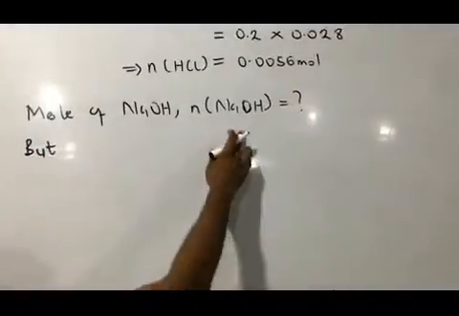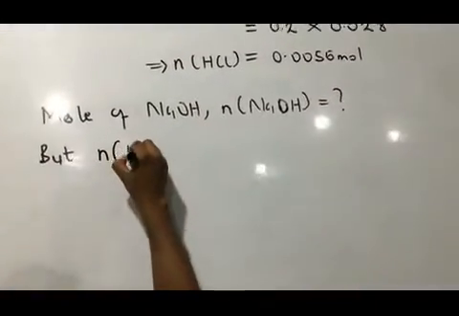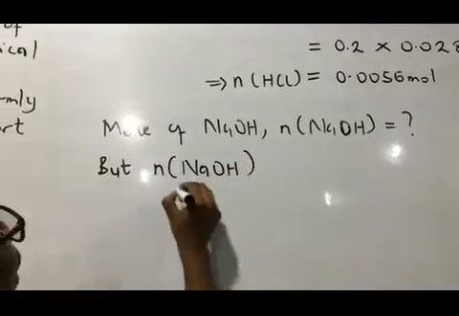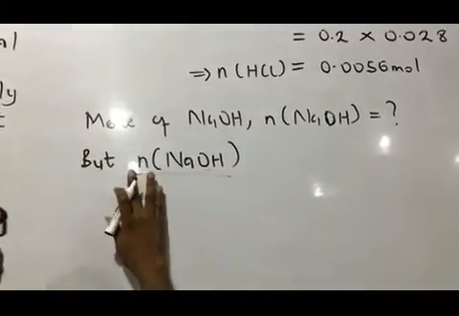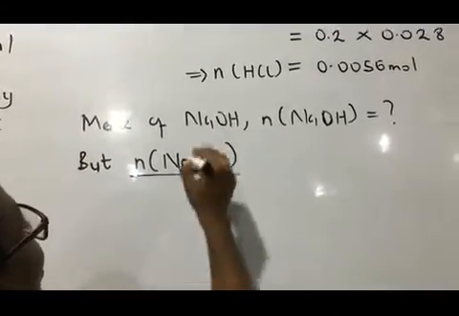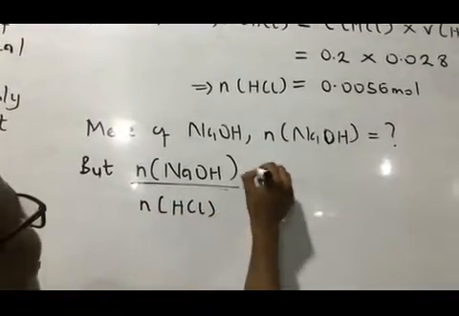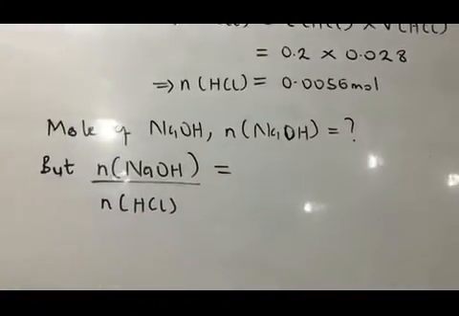So I'm looking for this one, so this one will be above. And the one that you know, the mole of the HCl, will be below. Then you equate it to their respective mole ratio.